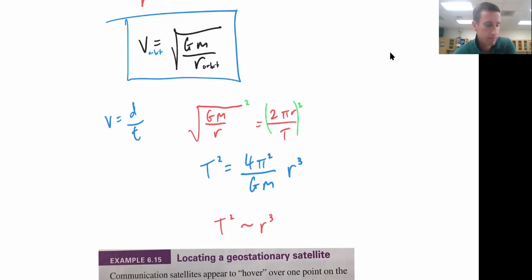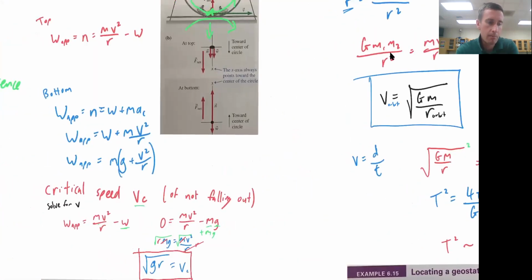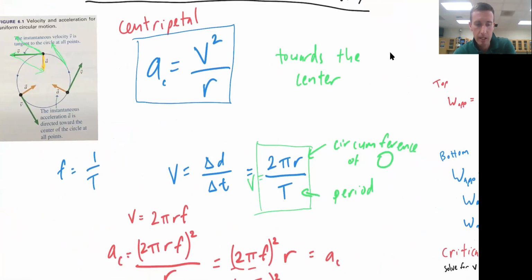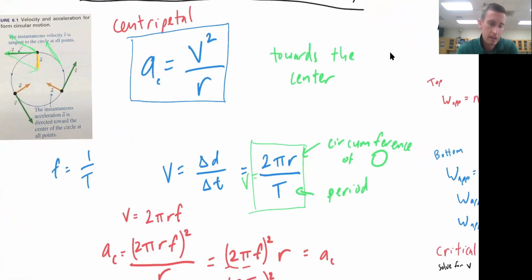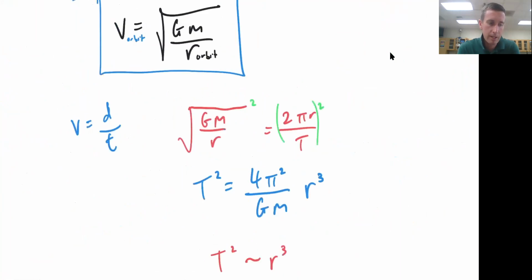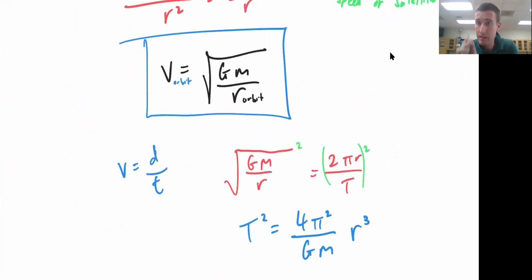Here is my equation for centripetal velocity, 2 pi r over T. I stole that one from over here. Velocity is 2 pi r over T. That's the velocity using the circumference of the circle and the period. And I set it equal to the velocity of the orbit, since distance over time gives me distance 2 pi r, time period.